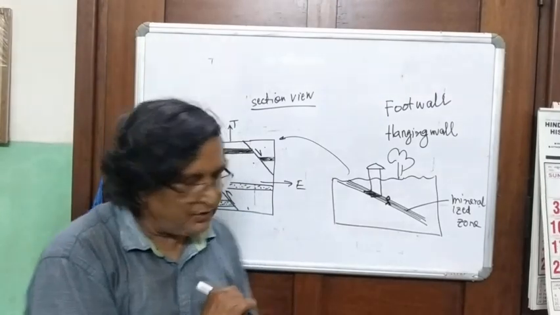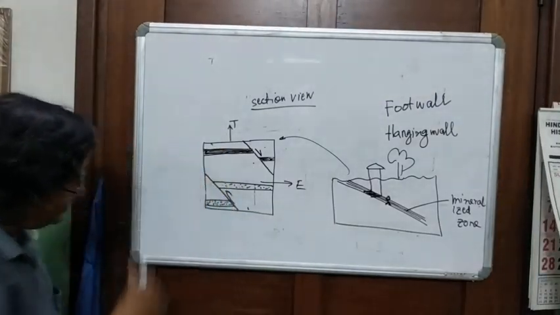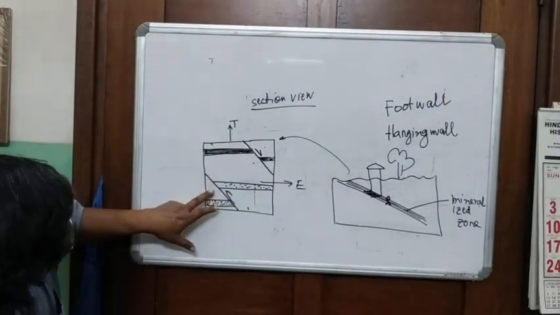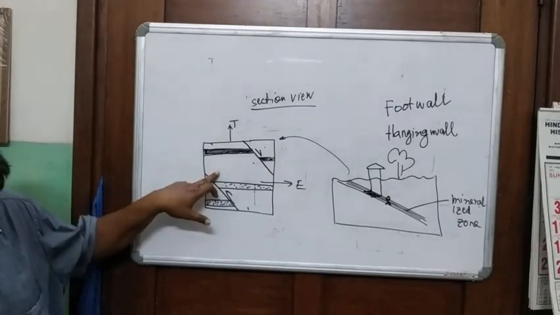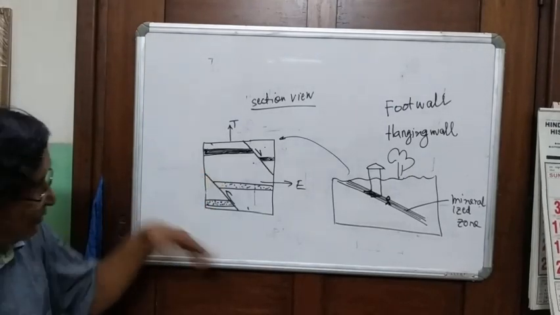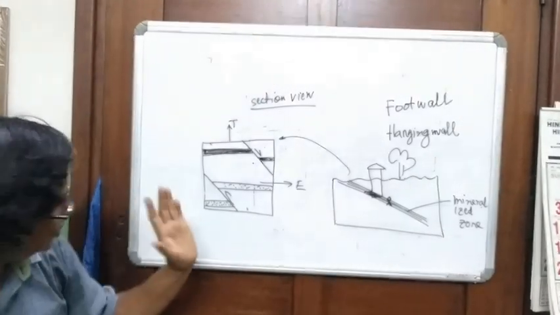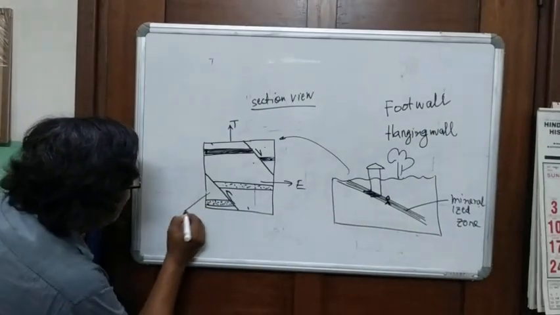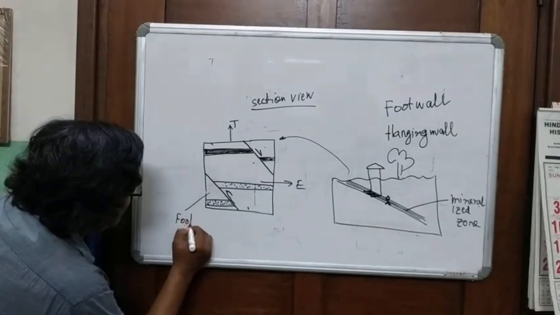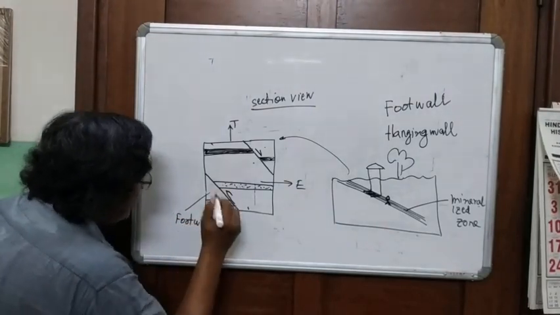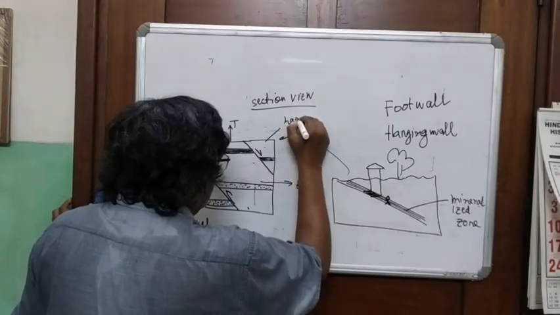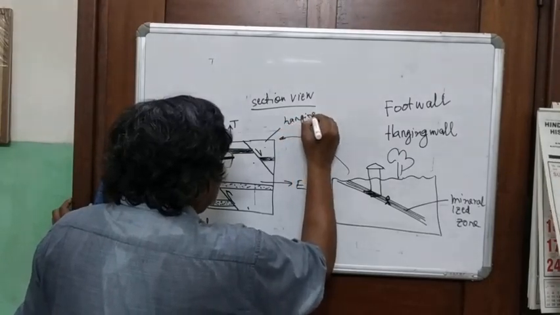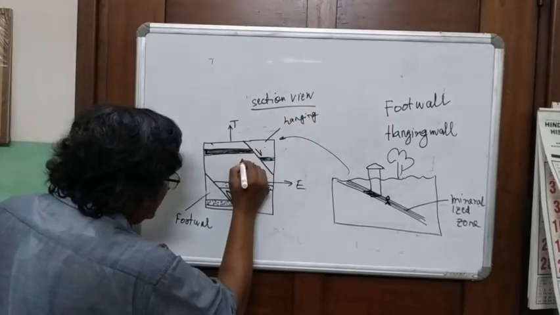Have you understood? Here, this is the footwall. This is the hanging wall. The one on the head. So, this is footwall. This is hanging wall. So, if this is hanging wall, this is footwall.